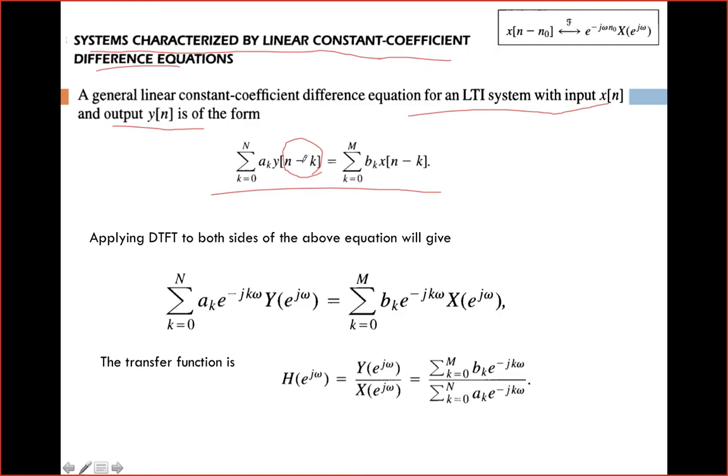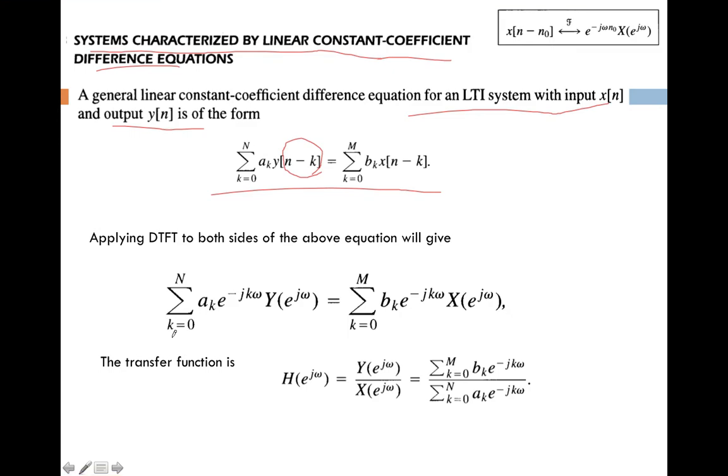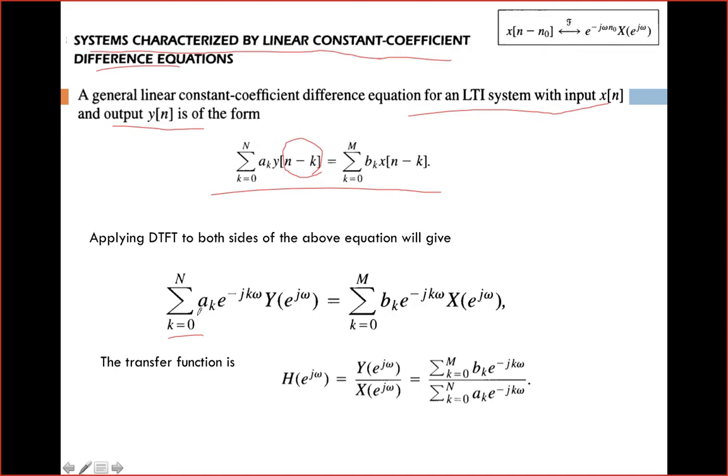When I take the discrete time Fourier transform of this equation, I will get summation k equal to 0 to capital N a suffix k, because it's a constant, and the transform of y of n minus k gives e power minus j k omega into Y of e power j omega, which is equal to summation k equal to 0 to M b suffix k, and here the shift or delay is e power minus j k omega into X of e power j omega.